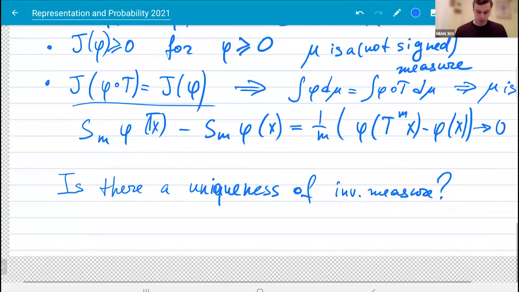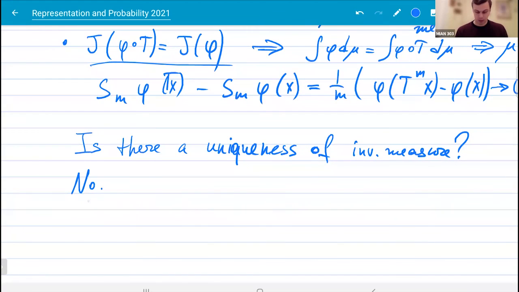The answer is no. Or to be precise, sometimes yes, sometimes no. Let me state it as a theorem.